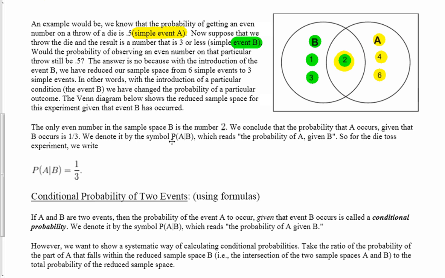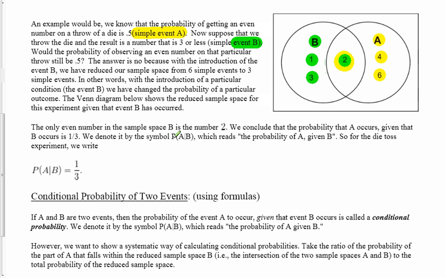The only even number in the sample space here is this 2 that's been double highlighted. So we conclude that the probability that A occurs, given that B occurs, is only 1/3. Because there's only 3 choices, and one of those choices is what we're looking for. Now the way that we write that is a little bit goofy.